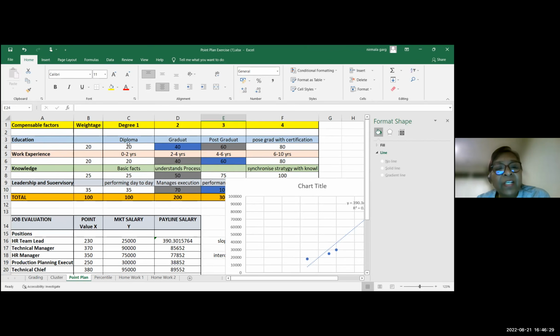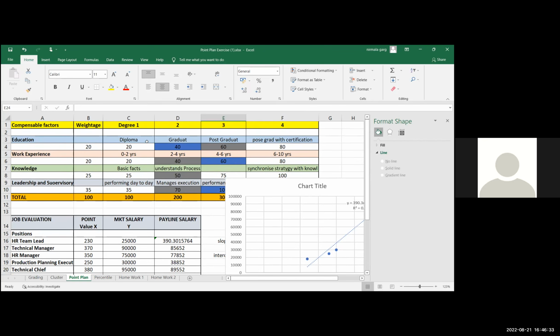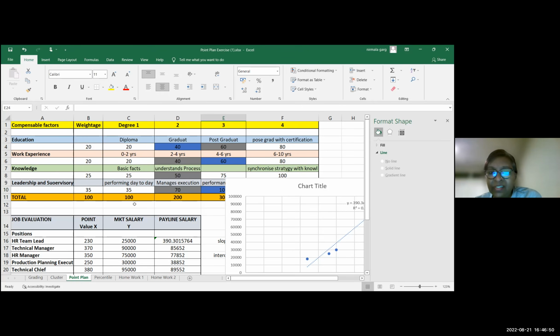Now keep your descriptors and ensure that they are not overlapping. Just do that correction. After that, give your weightage for those compensable factors and then quickly do the population of the points, 400 points. And then take your 10 positions and do your point value.